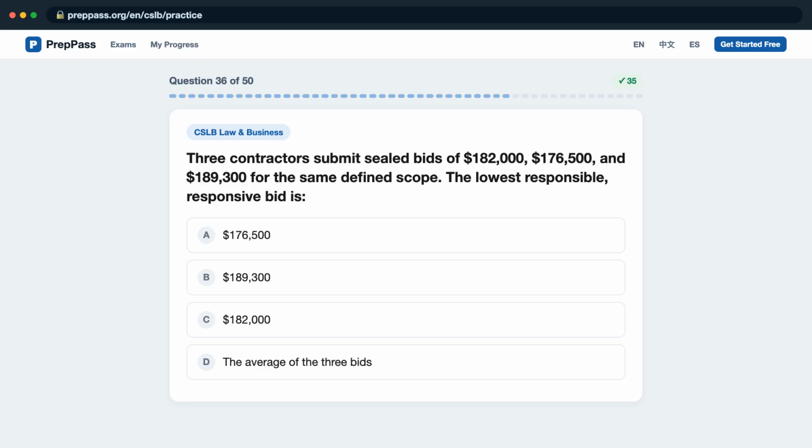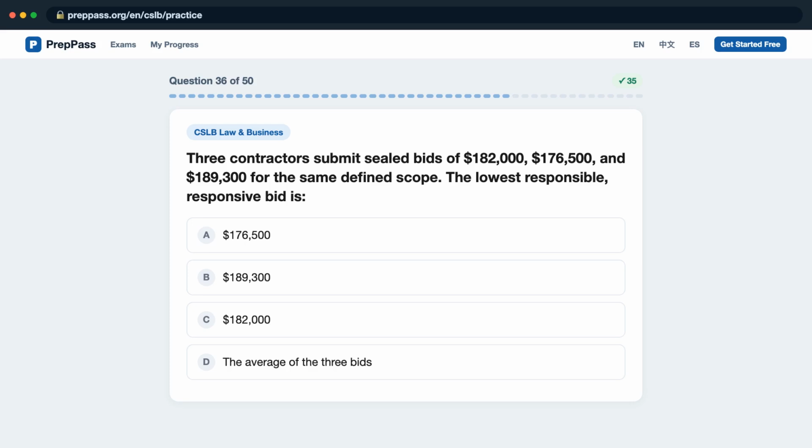Question 36. Three contractors submit sealed bids of $182,000, $176,500, and $189,300 for the same defined scope. The lowest responsive bid is it A, $176,500? B, $189,300?